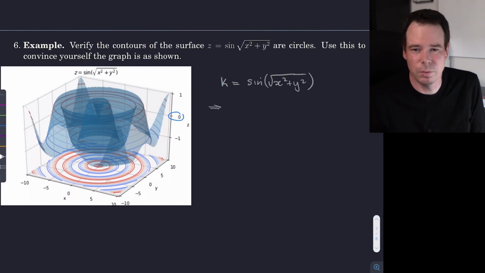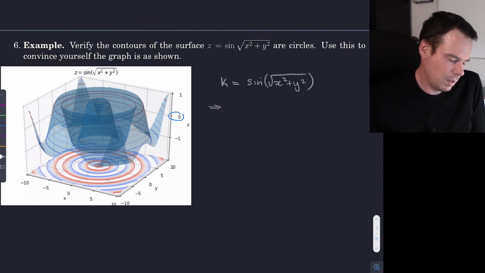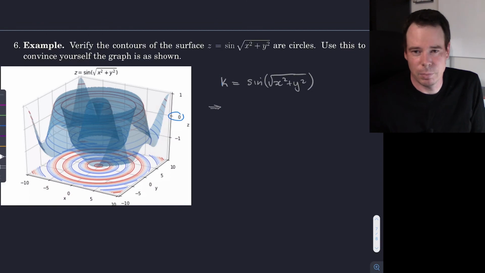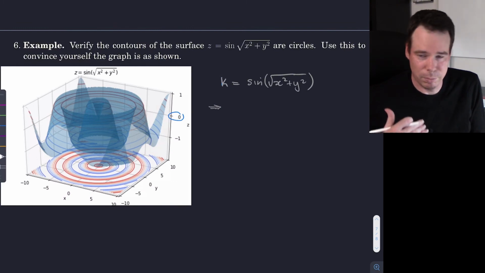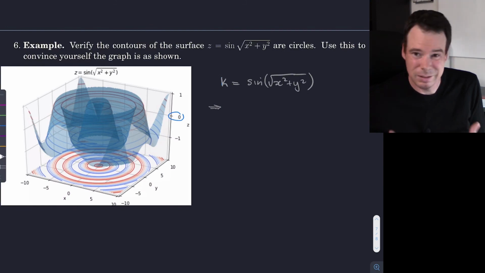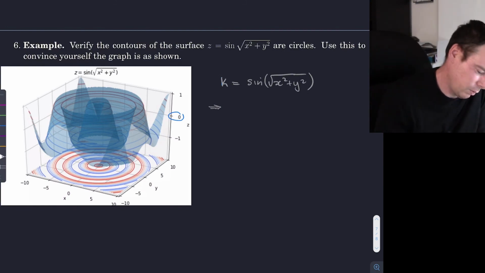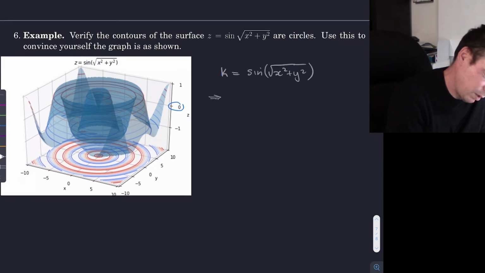But that's not quite true, because arc sine of k requires, well, think about it, sine of this thing is going to be equal to a number between plus or minus 1. And so k can only be a value between plus or minus 1. And so I'd like to take arc sine of that, but I'm going to have to get a lot of circles out of this. So we have to be really careful how we think about this.